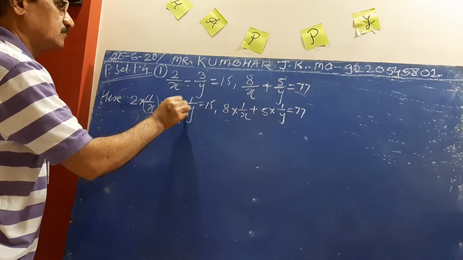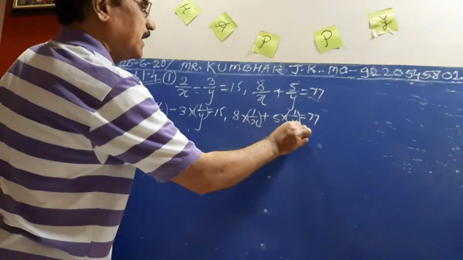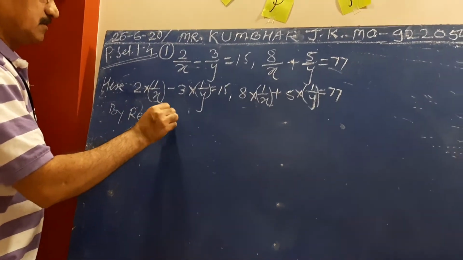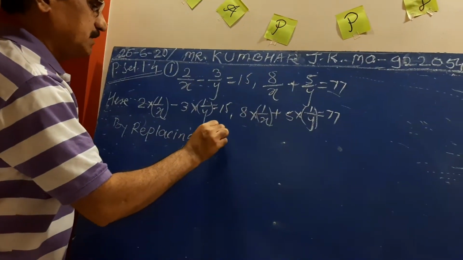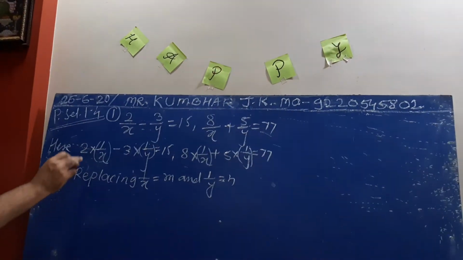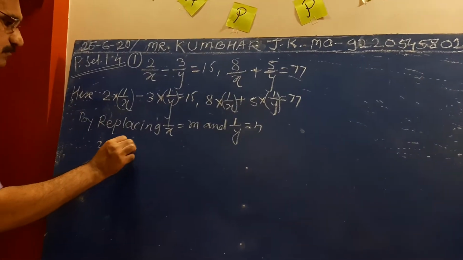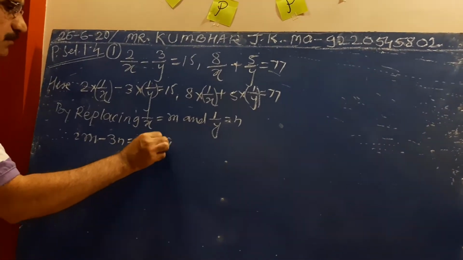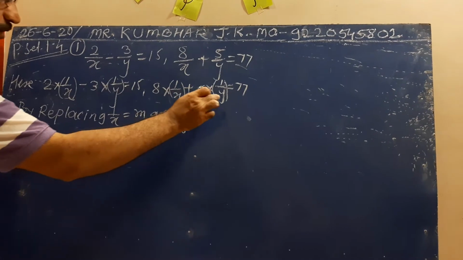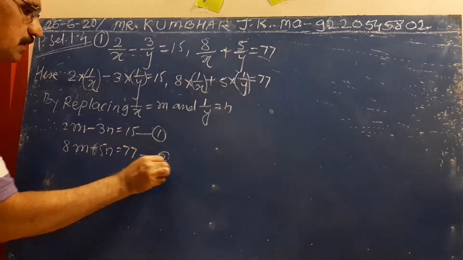By replacing 1 upon x is equal to m and 1 upon y is equal to n, therefore 2m minus 3n is equal to 15, equation number 1, and 8m plus 5n is equal to 77, equation number 2.